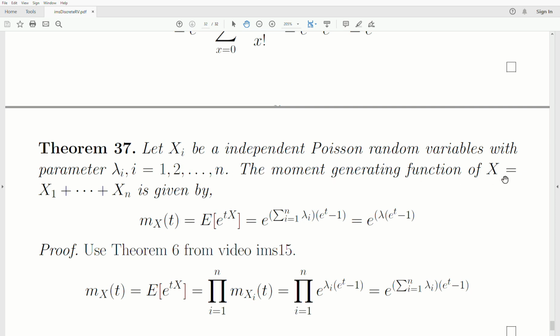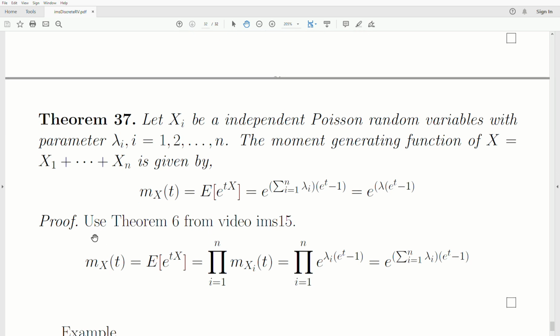The moment generating function of X, which is the sum of these independent Poisson random variables, is given by this expression. It has the same form as a moment generating function from a Poisson distribution, but lambda is the sum of the lambda i.